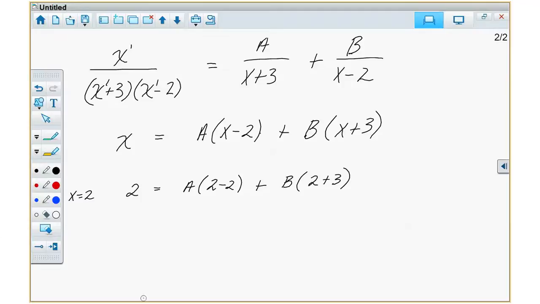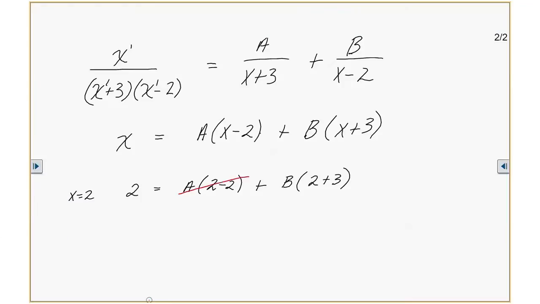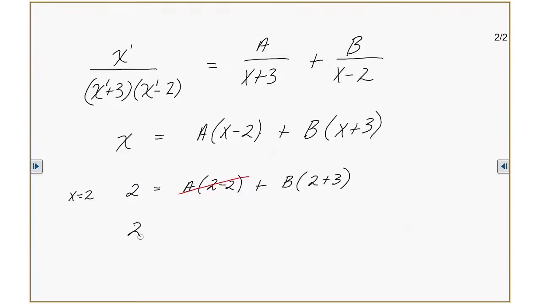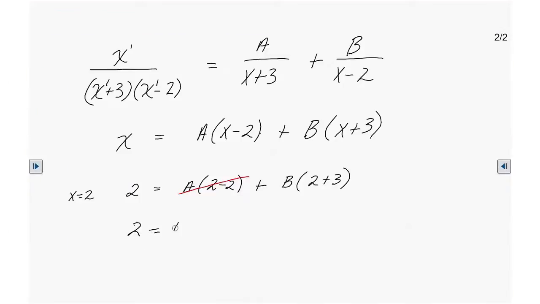That's not rhetorical. I'm asking you all to answer. This goes out, because that's 0 times B, it goes out. So now you got 2 is equal to what? B times what? 5. And B is equal to 2/5.